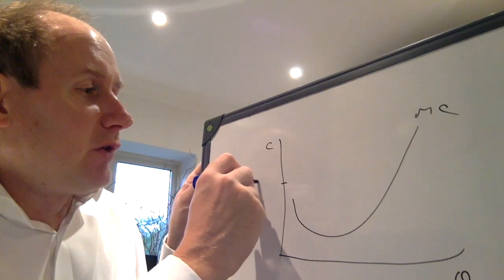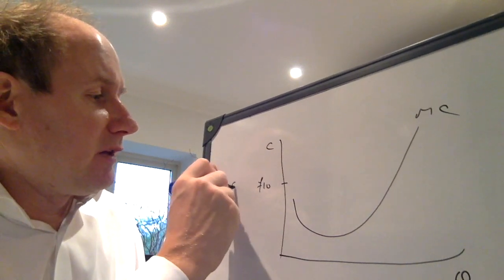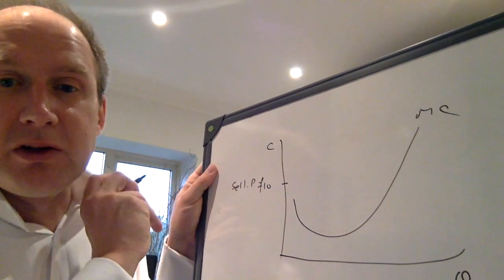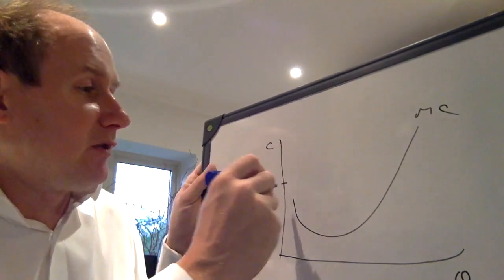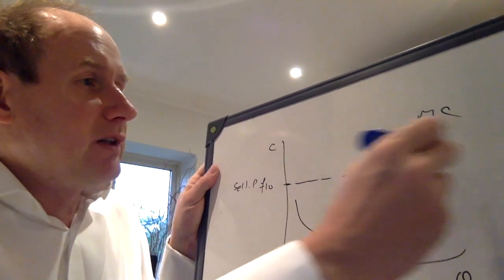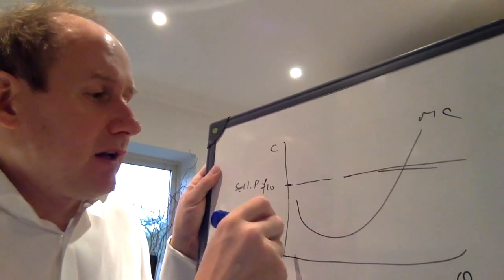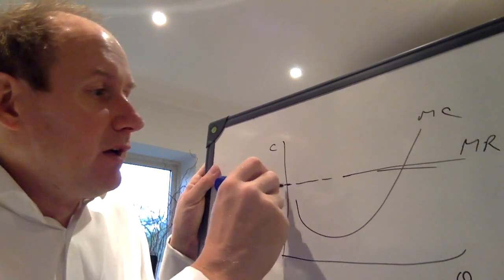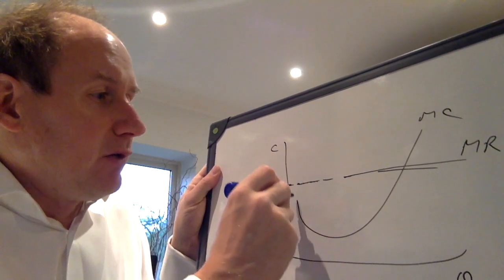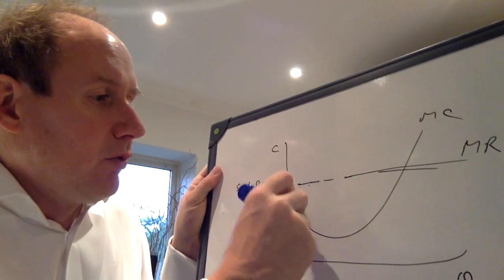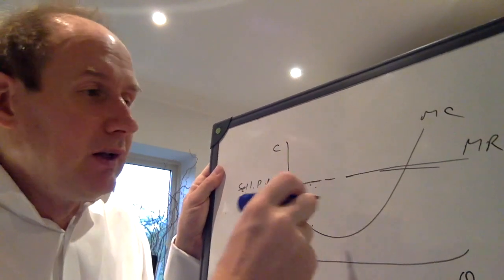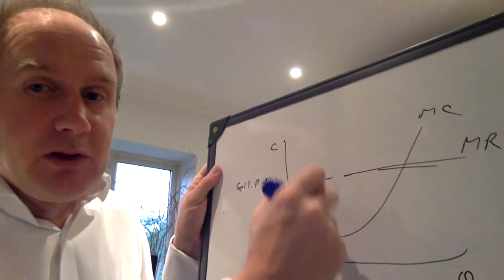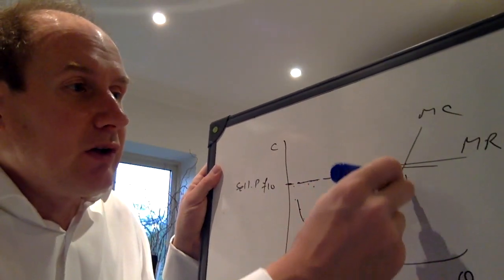We said suppose the firm was selling it at a selling price of £10. The firm wants to make every unit. This is effectively marginal revenue. The firm wants to produce every unit where the extra revenue is more than the extra cost all the way through.